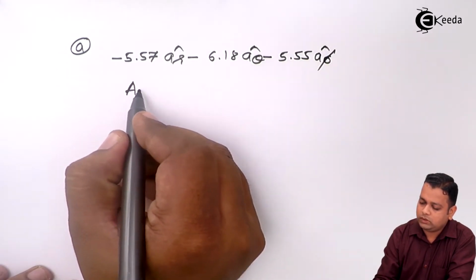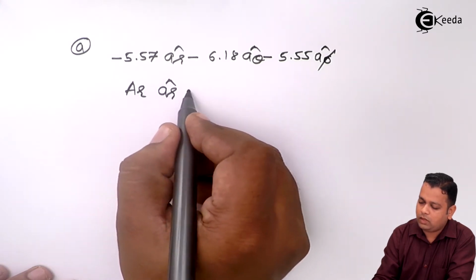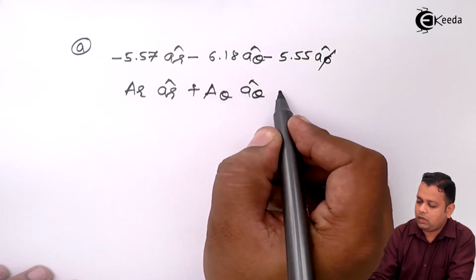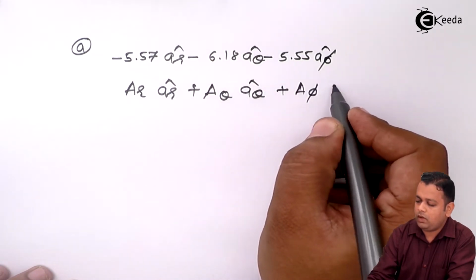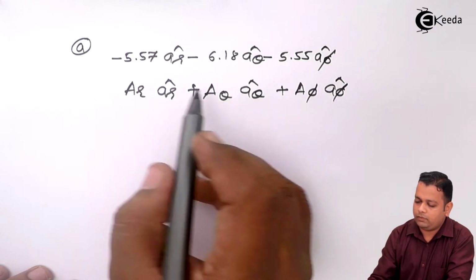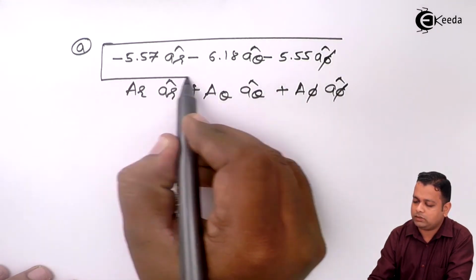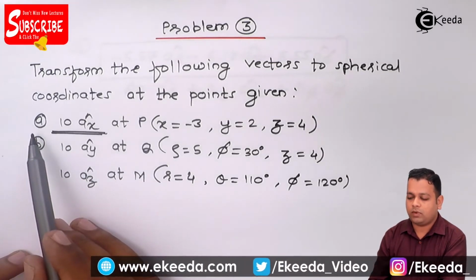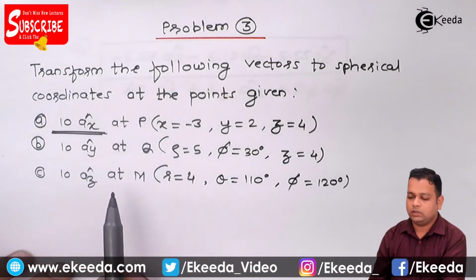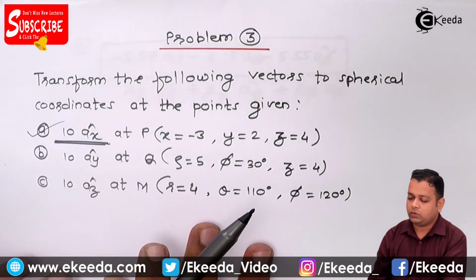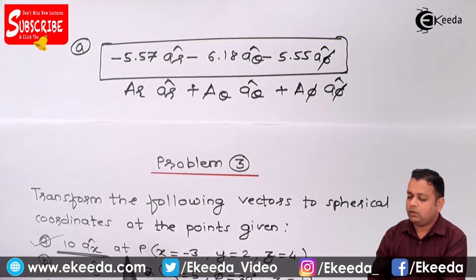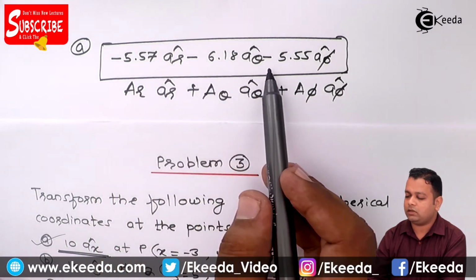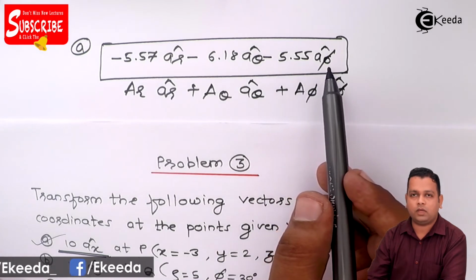So this is AR cap plus A theta cap plus A phi cap. So this is the required answer for part A. In the given problem statement, we were asked to determine A, B and C parts. So we are finished with A part. So A part is minus 5.57 AR cap minus 6.68 A theta cap minus 5.55 A phi cap.